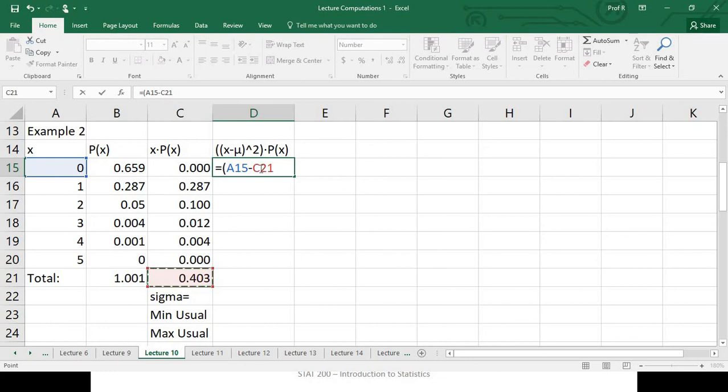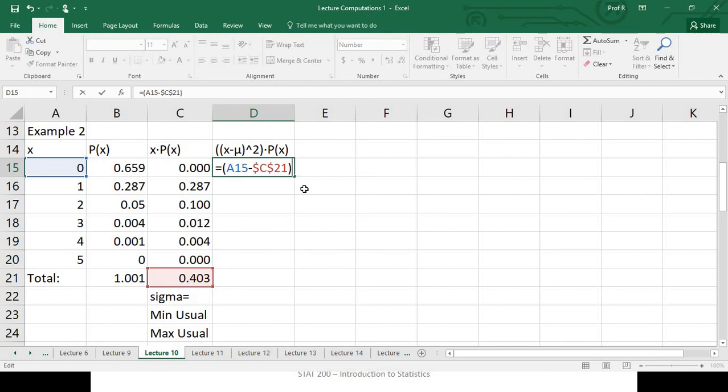There's a couple different ways we can do it. We can manually put in the dollar signs, which we did before, or we can put our cursor somewhere on the C21 here, and if you have your function key, give your function lock, and you hit F4, then Excel will automatically lock that cell for you. All right, so then we want to close our parenthesis.